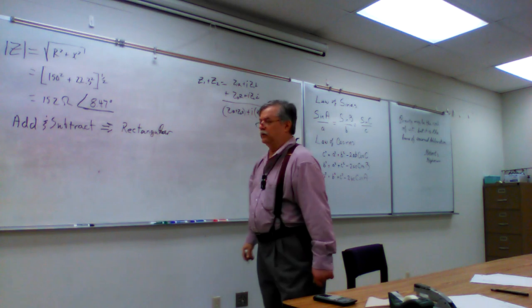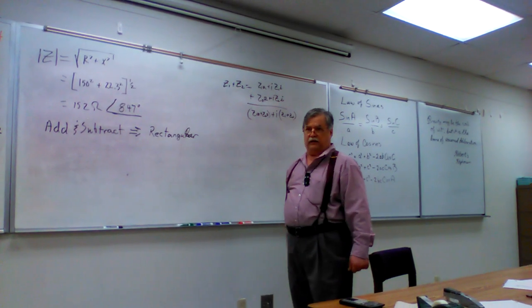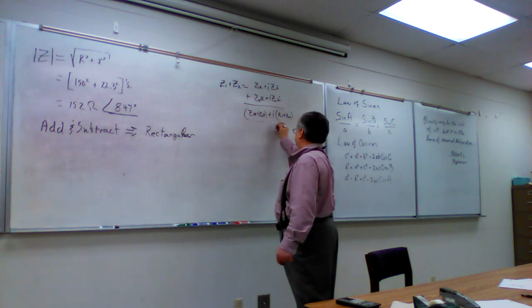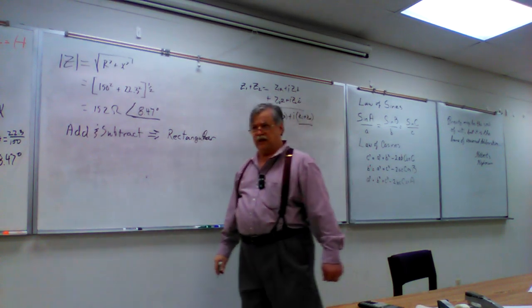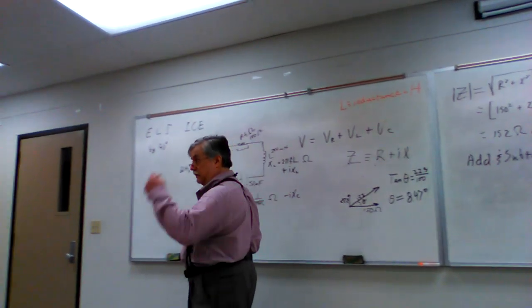You put them in rectangular coordinates and you just add or subtract both parts independently. And you come up with a sum, just like adding vectors. You're adding two vectors together.